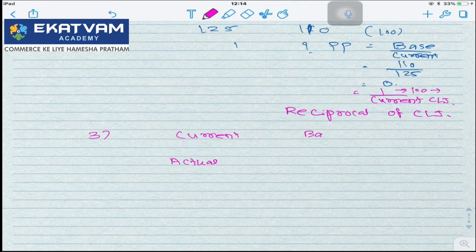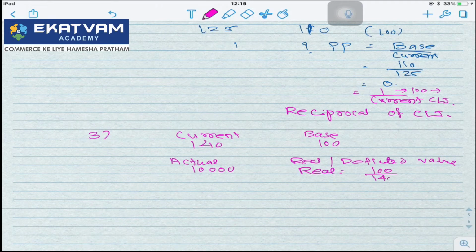In the base year whatever you have is the real value or deflated value. Suppose this is 140, suppose this is 100, and suppose the actual value is 10,000, then you can find the real value. In that case it will be 100 over 140 multiplied by 10,000. That will be the real or deflated value.